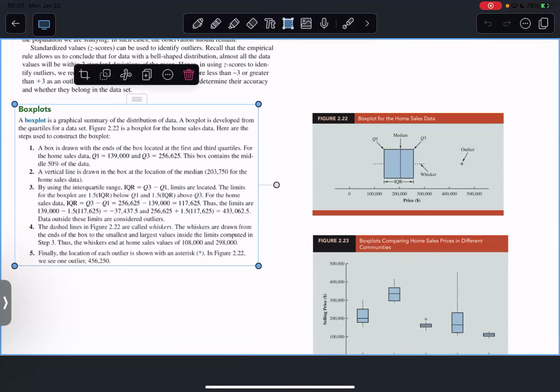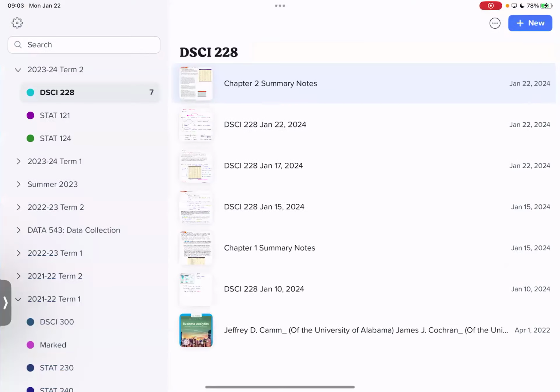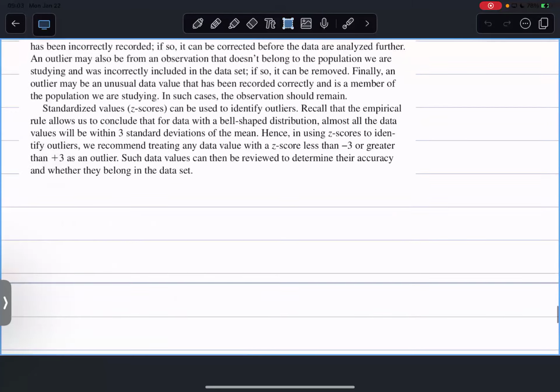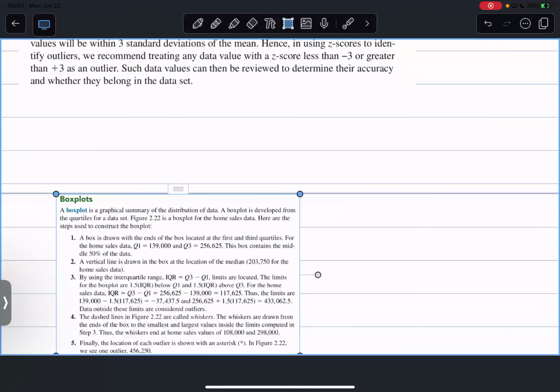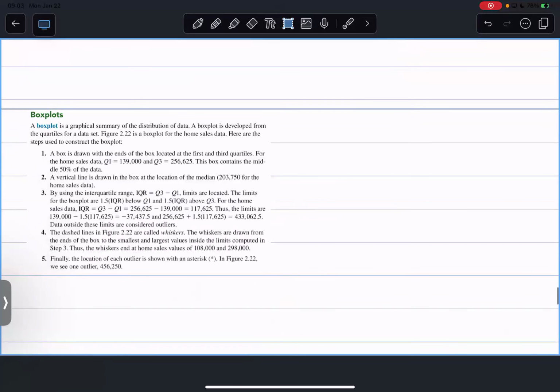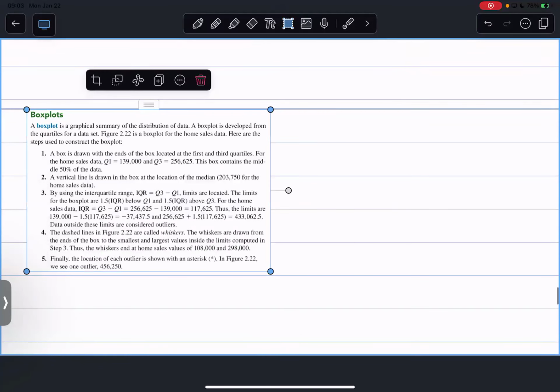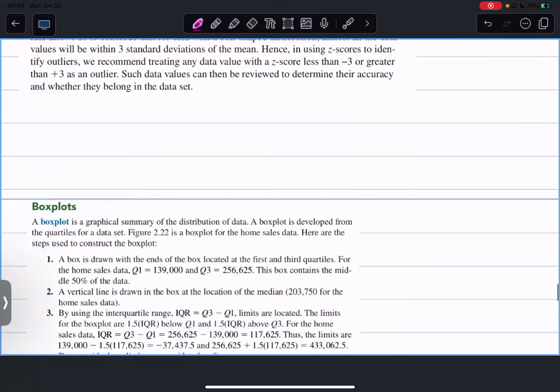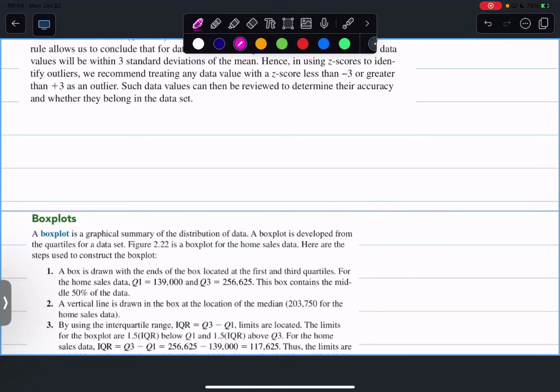This is what I wanted. So one of the kind of old school ways of identifying outliers is called the 1.5 IQR rule. And so we can identify outliers by the 1.5 IQR rule.